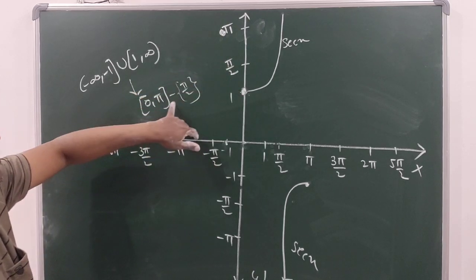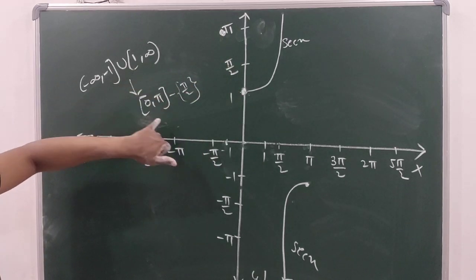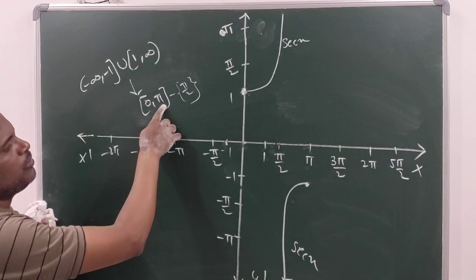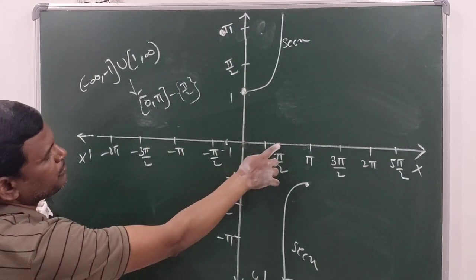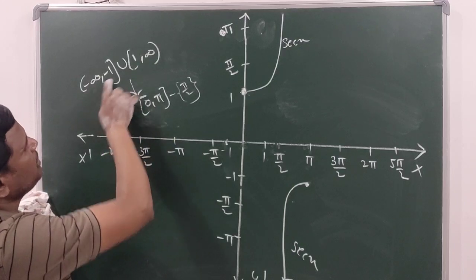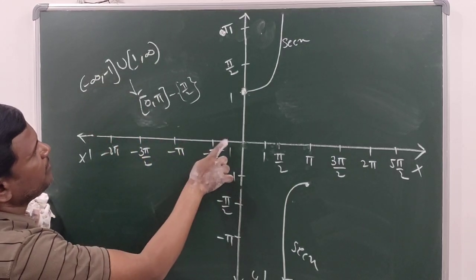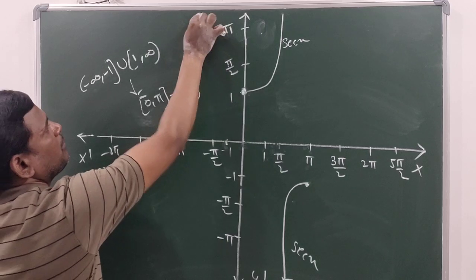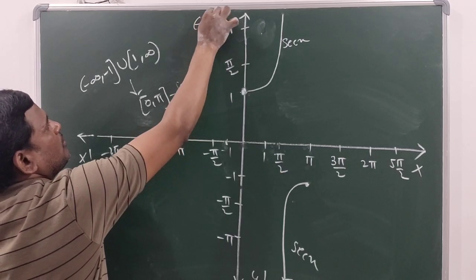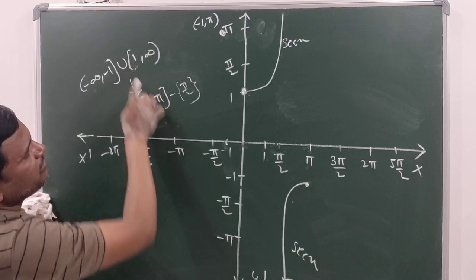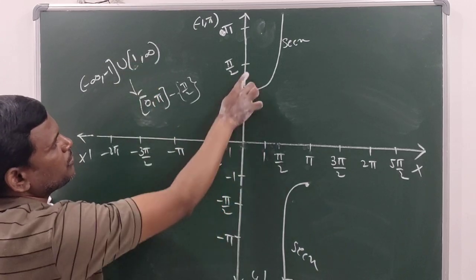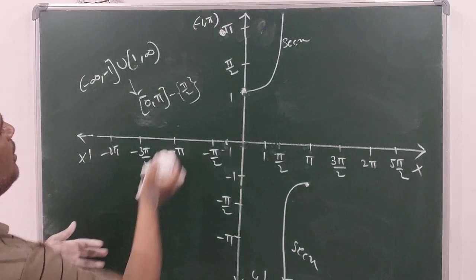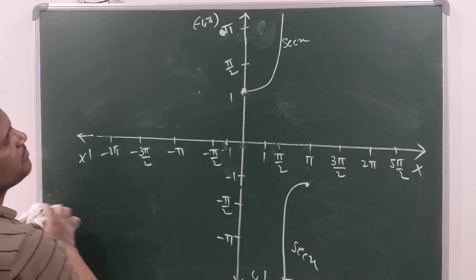Next, when you write plus 1, students tell me, 0 to pi, no? 0 to pi by 2. Domain, see, minus infinity to minus 1. When you write minus 1, you are getting the respect to range. This is the minus 1 comma pi point. Okay. Now when you write plus 1, plus 1 means 0. 0 it is 1. Okay. Right.